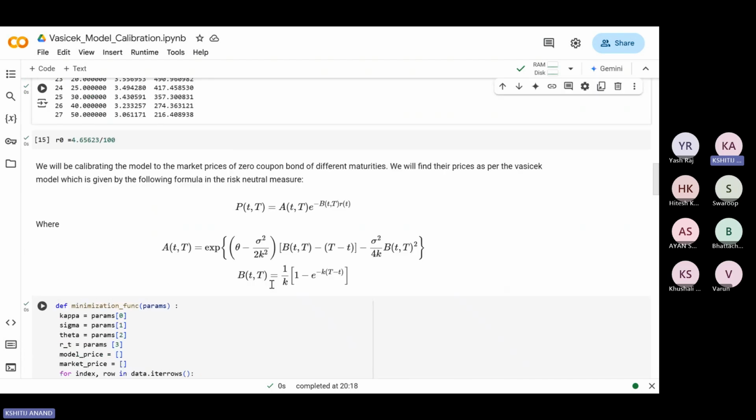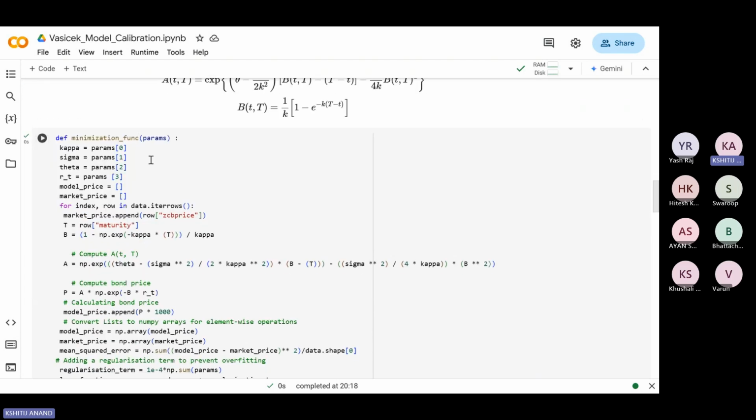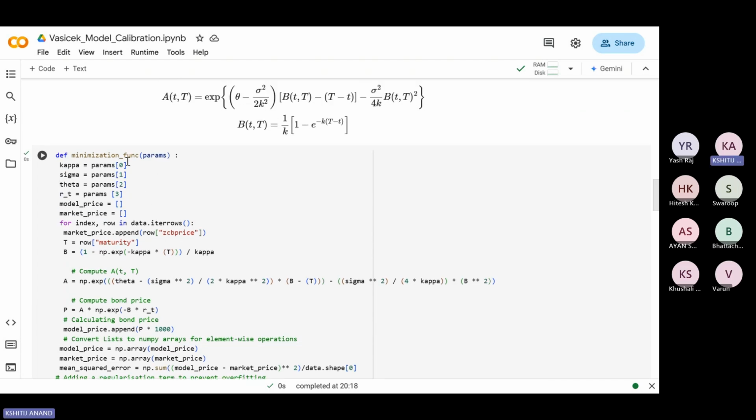Okay. R naught is already there, but to increase the number of parameters, we'll be assuming R naught also as a parameter. But this doesn't count, so even if you don't do this, it will be okay. So let us ignore this part. Now, what are the parameters? Parameters are basically the list of how many parameters you have. So we have 4 parameters: K, sigma, theta, and RT. We are storing them in a list.